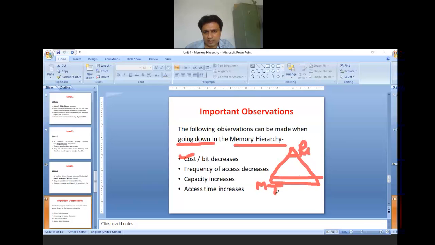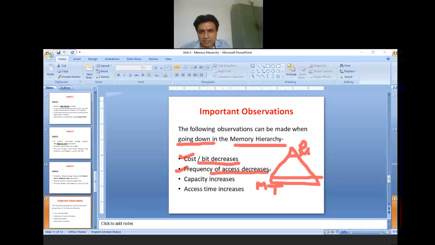We are discussing these points from top to bottom. So the cost per bit decreases. The costliest memory is level 0, which consists of registers, and it is decreasing from top to bottom.